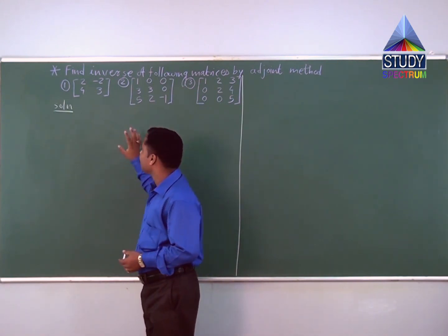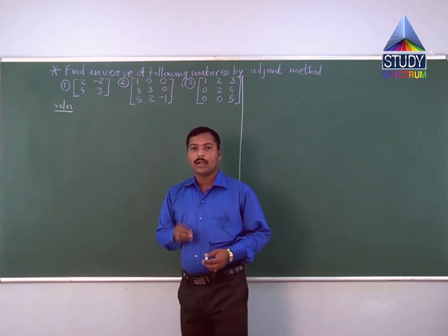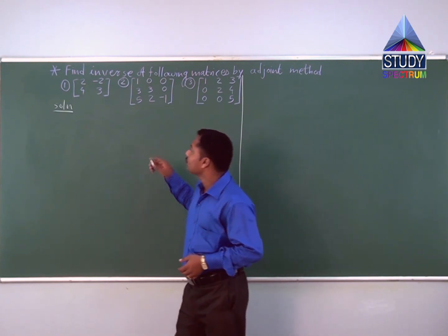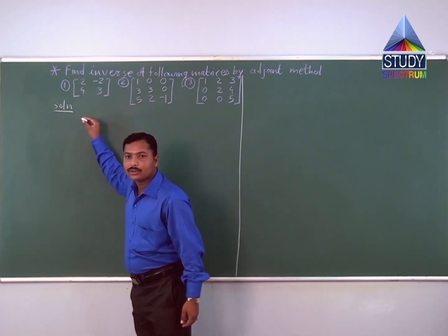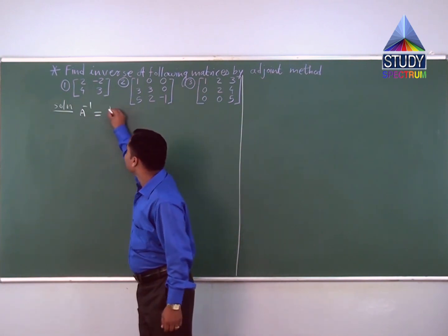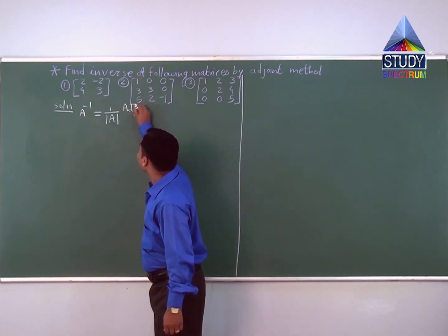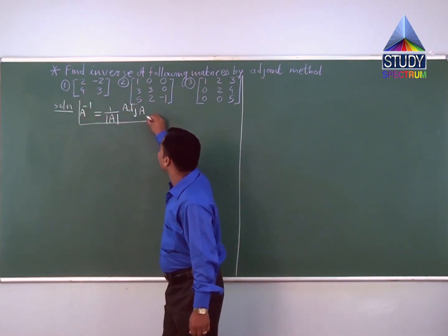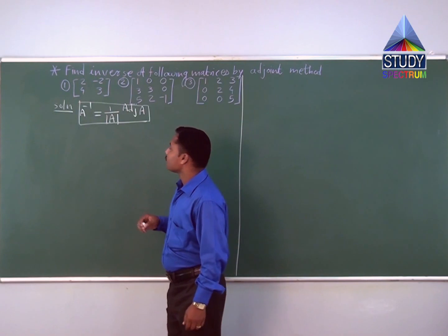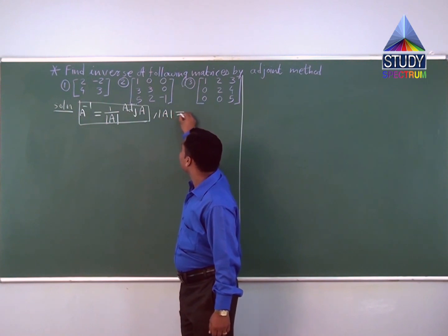All the students, keep in mind, or remember, that you should always write the formula first and then solve every problem. Okay, so what is the formula for A inverse? A inverse equal to 1 upon determinant of A into adjoint of A, but the condition is that determinant of A is non-zero.